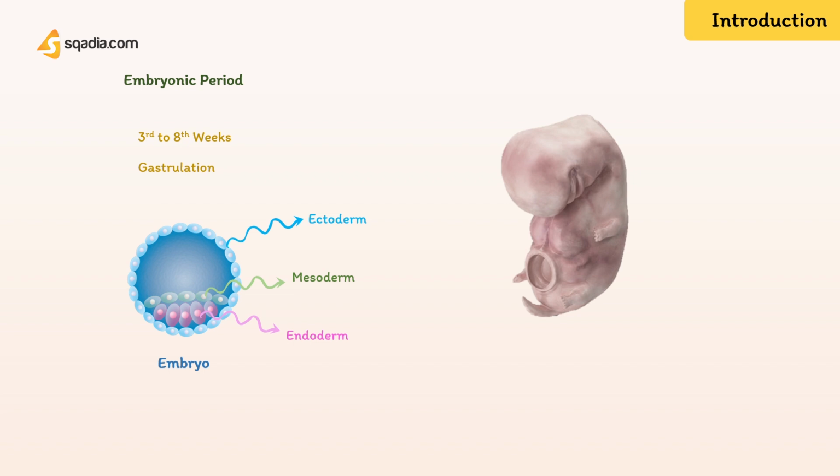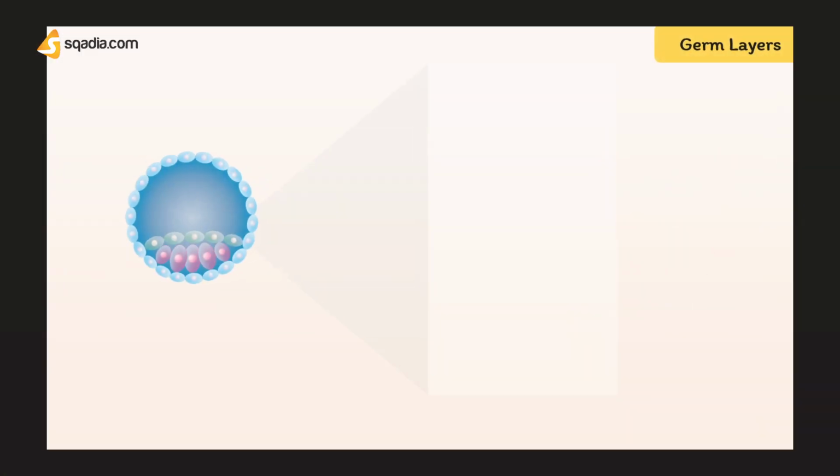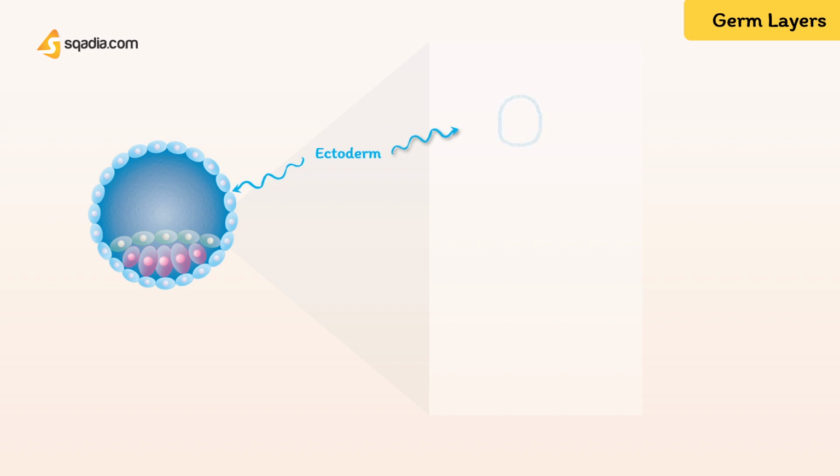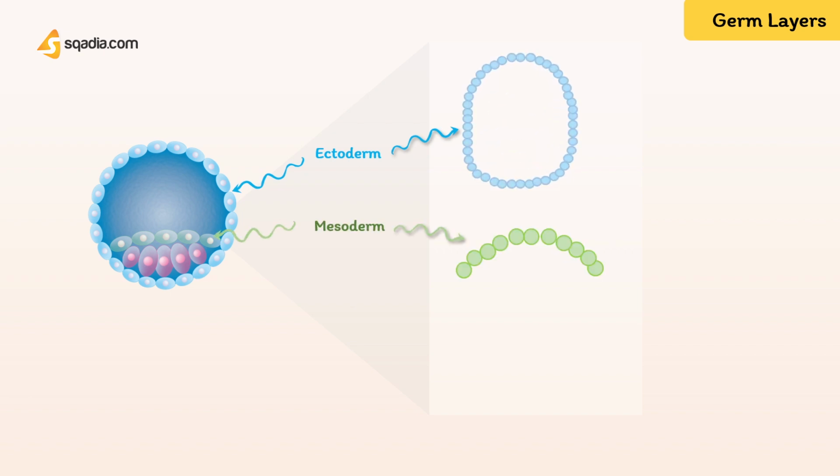By the end of the embryonic period, the main organ systems have been established, rendering the major features of the external body form recognizable by the end of the 2nd month or 8 weeks. To reiterate, we have the 3 germ layers, which are the ectoderm, the mesoderm, and the endoderm. So let's get right into it.